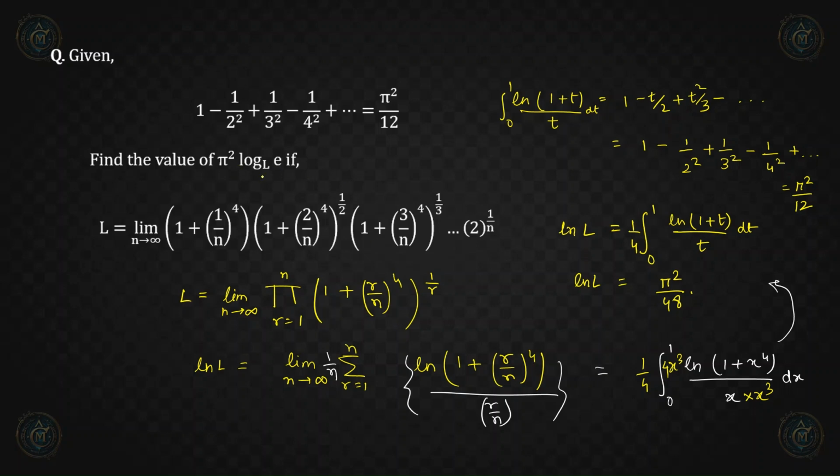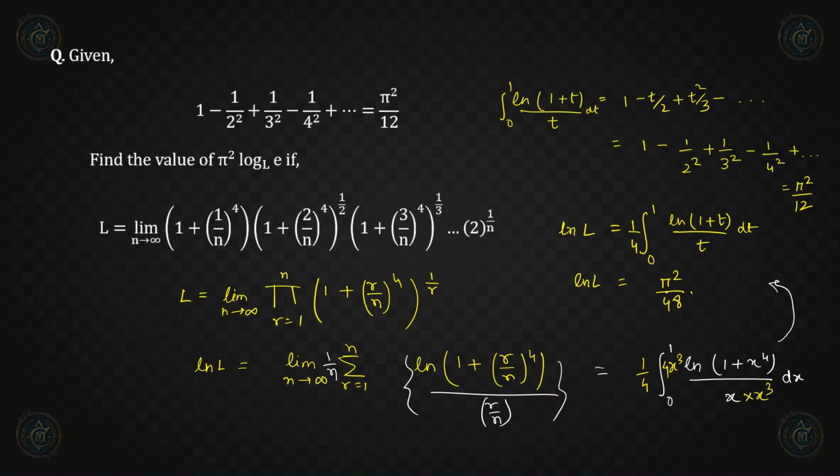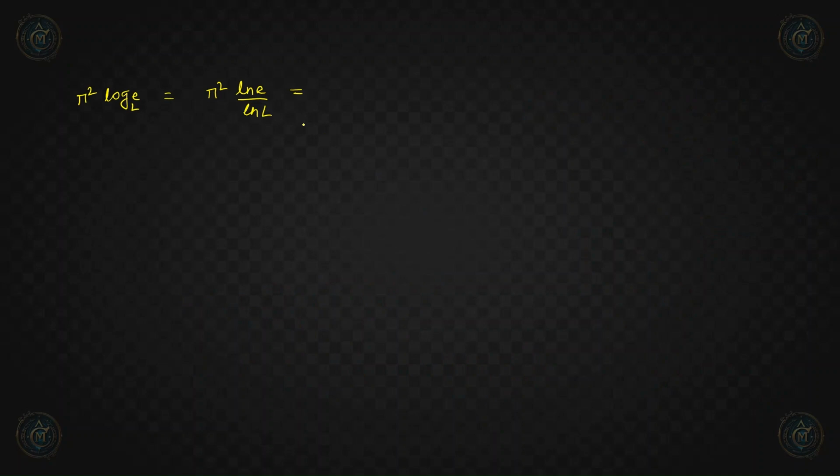Pi square log e with base L. So pi square log e with base L becomes simply pi square log e with base e divided by log L with base e. The natural log of L is already known to us, this is pi square divided by 48, and this is 1. That means pi square divided by pi square times 48. So pi square gets cancelled. Our answer becomes 48.